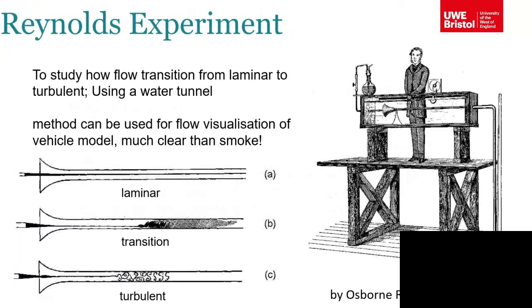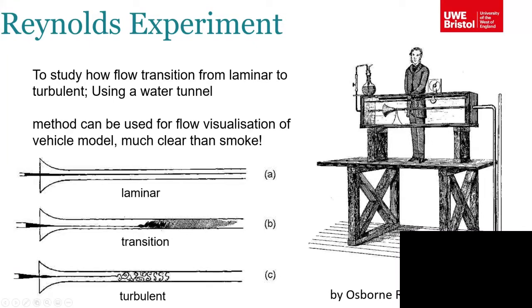So Reynolds, the guy called Reynolds, performed this experiment. Osborne Reynolds in the 1800s. That is his apparatus. What he had was like a fish tank, glass on one side, or maybe two sides, and liquid.